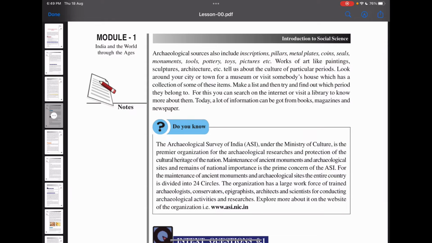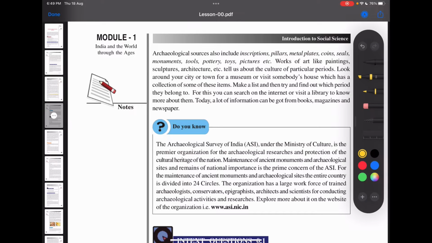Archaeological sources also include inscriptions, pillars, metal plates, coins, seals, monuments, tools, pottery, toys, pictures, etc. Works of art like painting, sculpture, etc., tell us about the culture of particular periods.